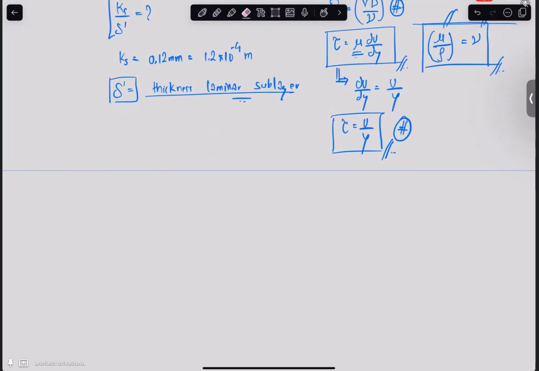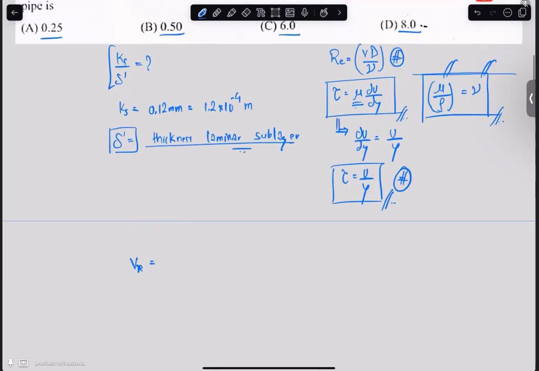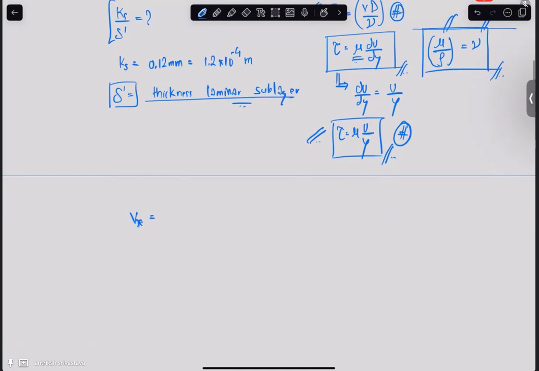And we will have the expression for friction velocity. We will derive the expression for friction velocity, that is V star. Probably you are already familiar with this derivation, but I am just letting you know that these two are the things that are used. Tau is equal to mu u by y. So this V star, the friction velocity, is given as root under tau naught divided by rho.